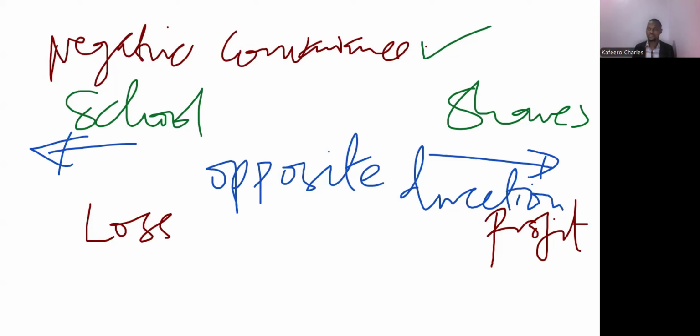But a positive covariance means that they are moving in the same direction. The implication is that if I have decided to invest in a school and at the same time I'm investing in shares, once I make a loss in a school, I will also make a loss in shares. That is when you have gotten a positive covariance.